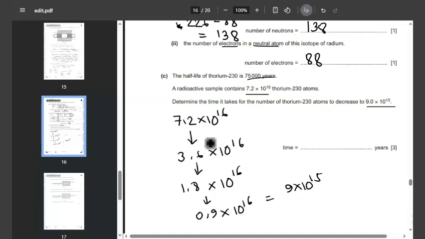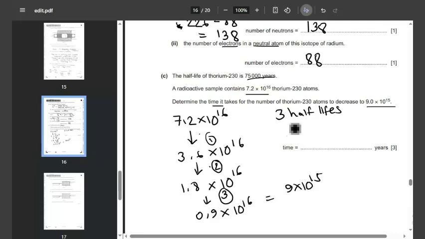Therefore we have 1, 2, 3. So we have 3 half-lives in between. And we have to find the time it takes for the thorium-230 atoms to decrease to 9 into 10 to the power 15. So it takes 3 half-lives.